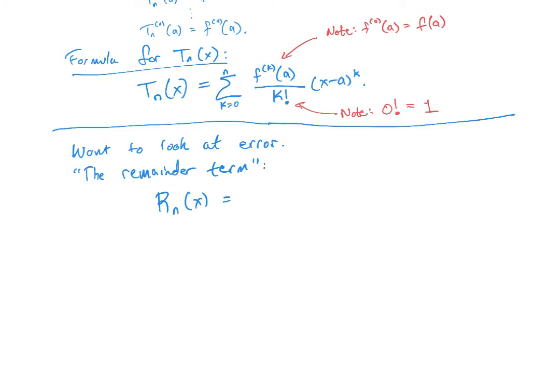We call it a capital R sub n. That would be the function minus the Taylor polynomial.